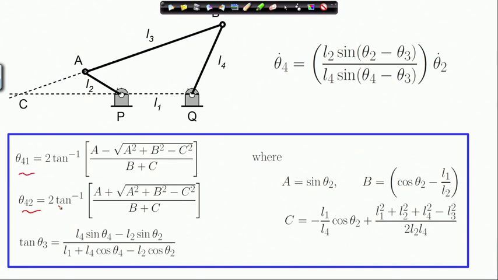There are two solutions of theta 4, and corresponding to those two solutions I can find the solutions for theta 3. Here A, B and C are completely known, because I am assuming theta 2 is specified. So, once I know A, B, C, I can find the two solutions of theta 4, from where I can also find theta 3.